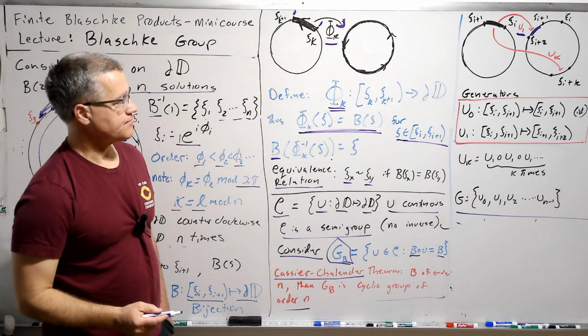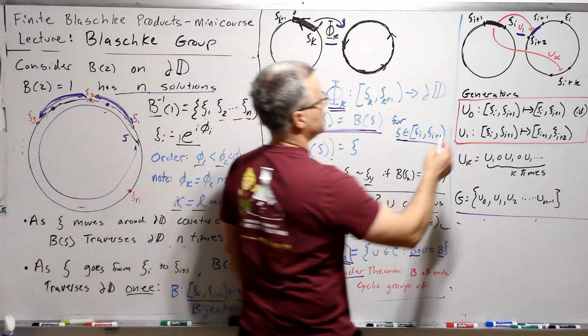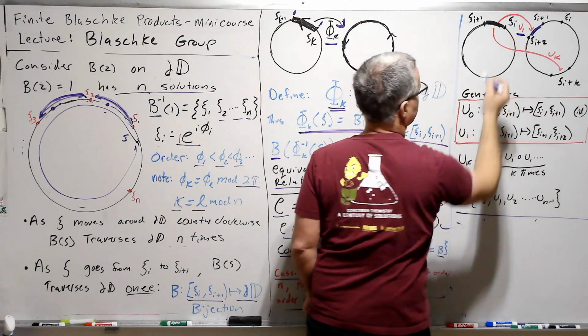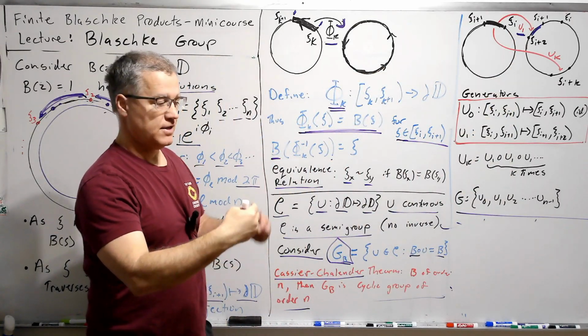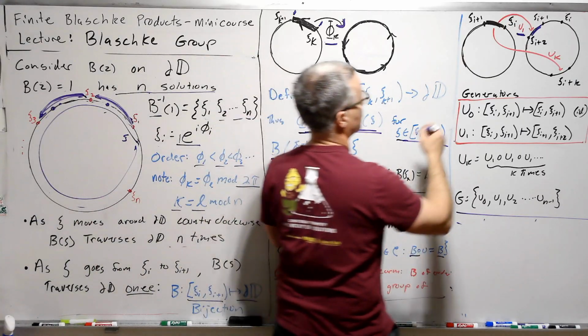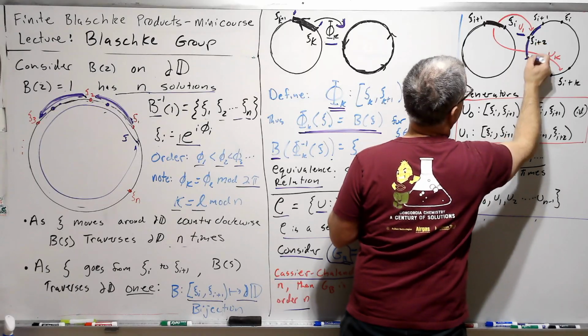Now we can build a set of functions. We do one, and then take the composition of one with itself. That would move us two units over, so that would take this to, say, here.